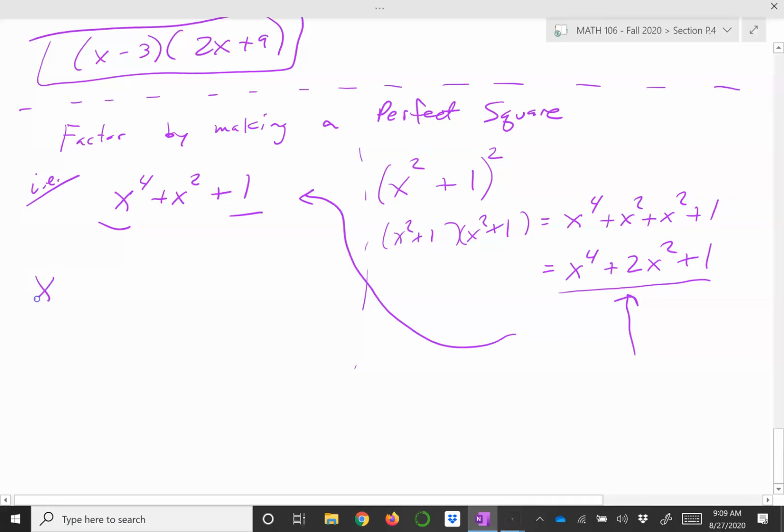So you keep the x to the fourth. Now, how can I introduce a 2x squared into this problem? Like, how can I change this x squared? Could I do this? Anyone want to give it a shot, just in case I didn't see a hand? Yeah. Well, plus x isn't going to make it x squared.